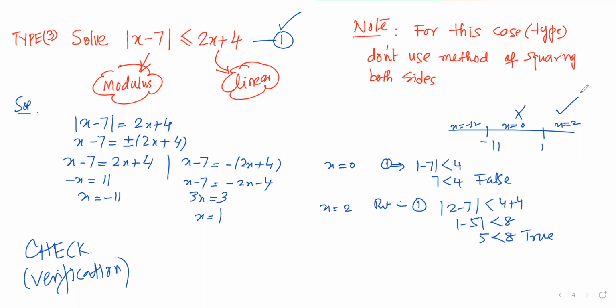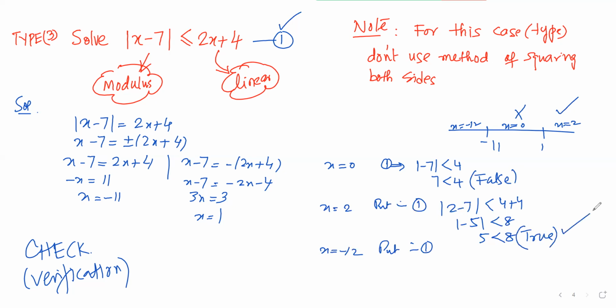And the leftmost part is x equals minus 12. Again, you put this in number 1. And this verification is very simple. Just verify, and if false, reject, and if correct, accept that answer.